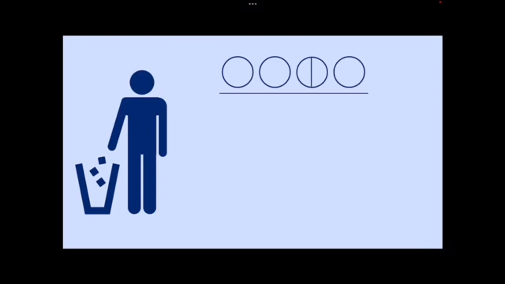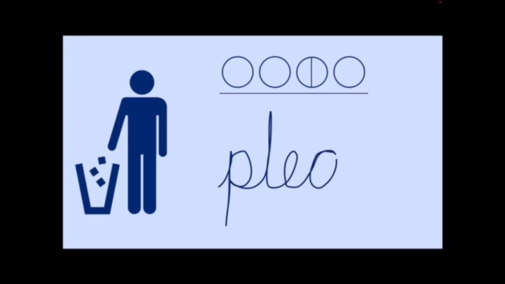Please put your litter in the bin. Please, one syllable. Ease we can hear, but we spell it P-L. That's okay, because that follows the rules. Ease, E-A, and that's okay too.